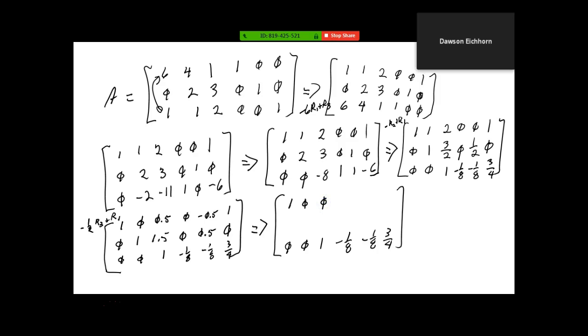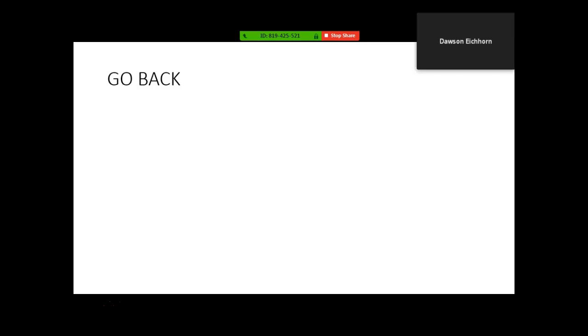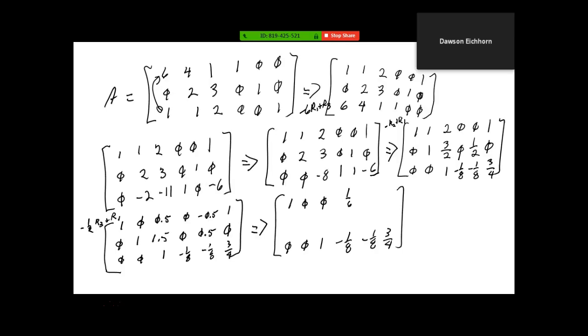Negative 1/2 times a negative 1/8 is positive 1/16, right? Add it to 0. That's 1/16. Negative 1/2 times a negative 1/8 is positive 1/16 minus 1/2. 1/2 is 4/16, so that's a minus 3/16, I believe, right?